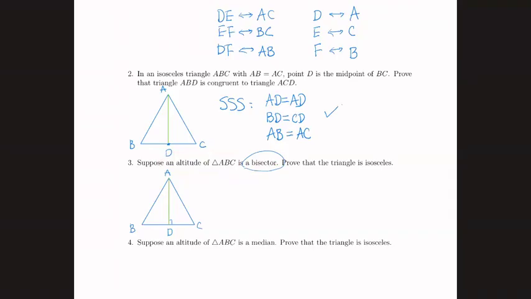Maybe I should make it more explicit. Angle bisector. It bisects angle BAC. Okay, make the condition more explicit.